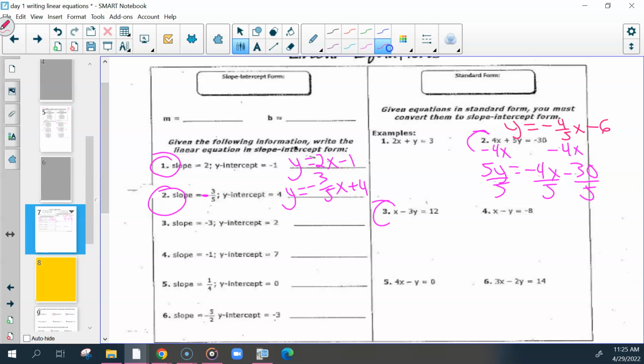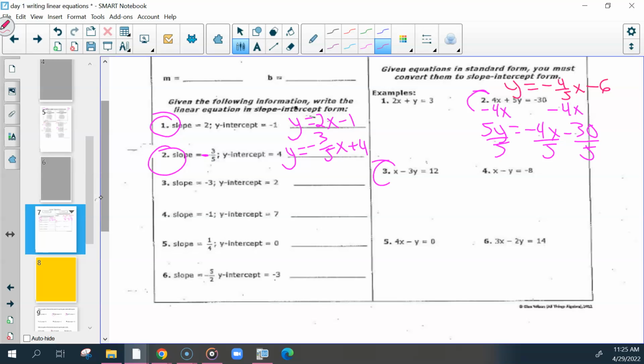For number 3, how would we start that? The x, same way, by subtracting. We have -3y equals, I'm going to switch the order of these two, -x plus 12. And then divide everything, just like we did before, but by -3 now. So your signs may change. What would our equation be? x over 3, or you can say 1/3 x.